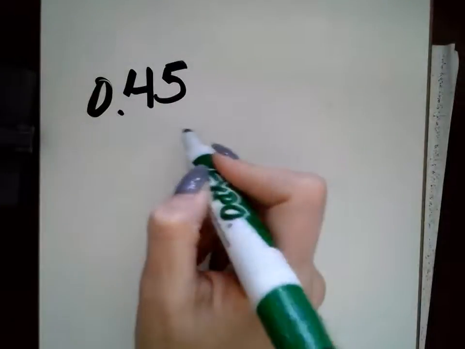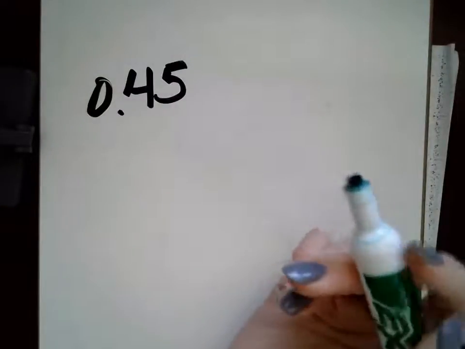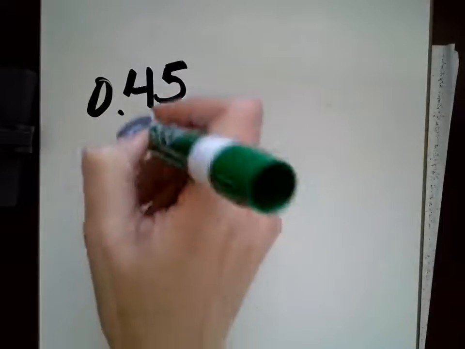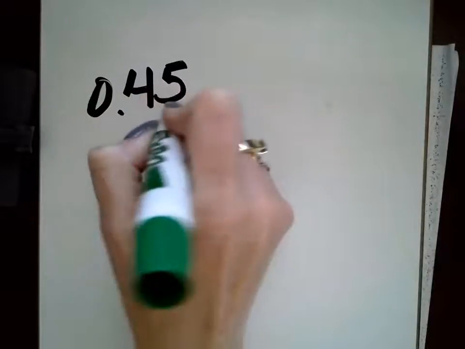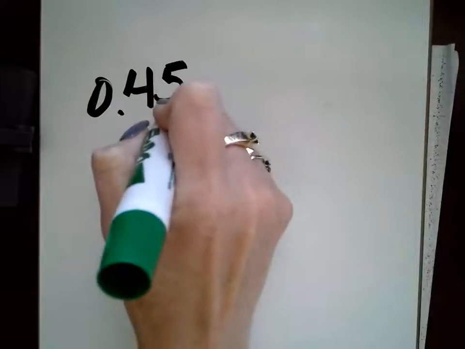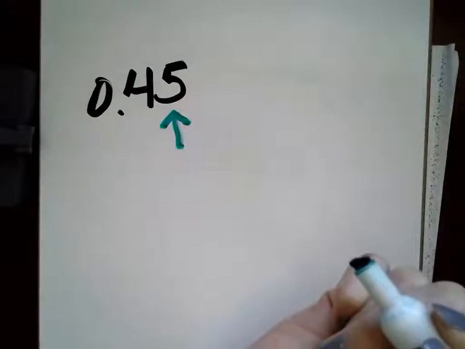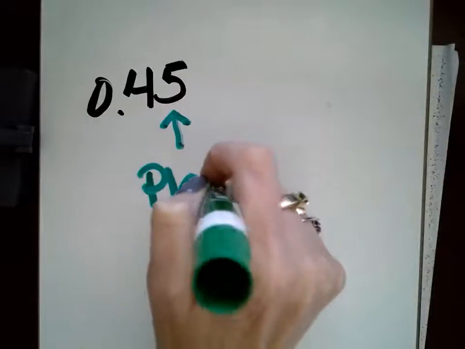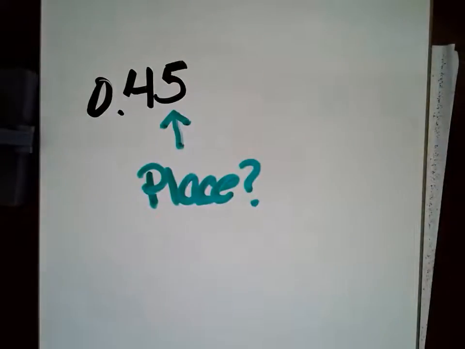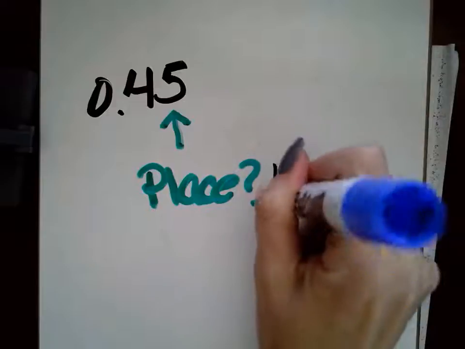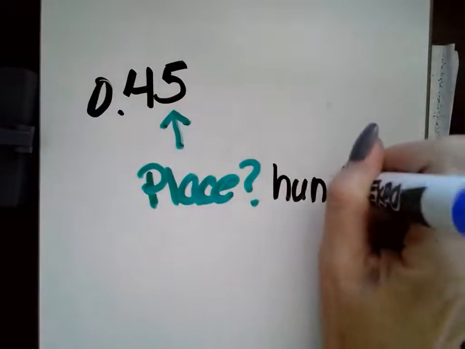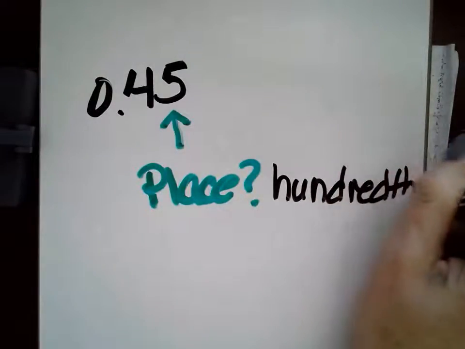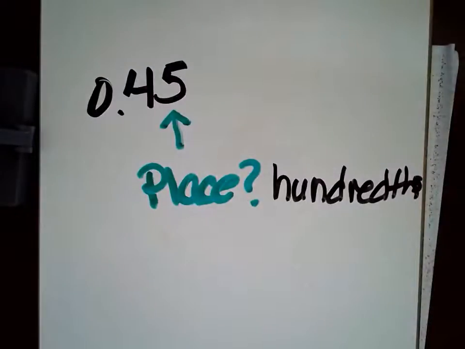Right here we have 0.45, but we don't read it as "point 45." It's not mathematical. So we want to look and say, well, our rightmost significant digit, or that rightmost digit, is in what place? Well, it's in our hundredths place.